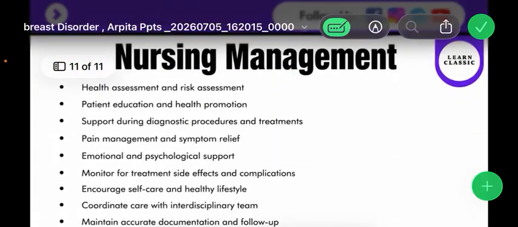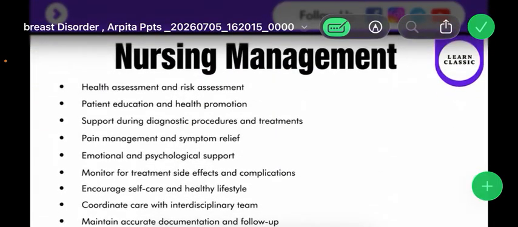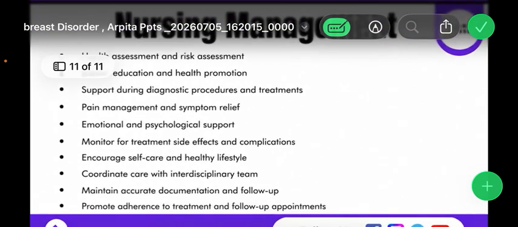Now nursing management. First and foremost we have to give health assessment and risk assessment. Then patient education and health promotion, support during diagnostic procedures and treatments, pain management and symptom relief. Then emotional and psychological support, which we have to give all the time in every case because it is very important.